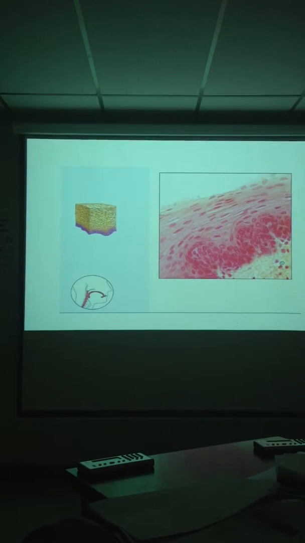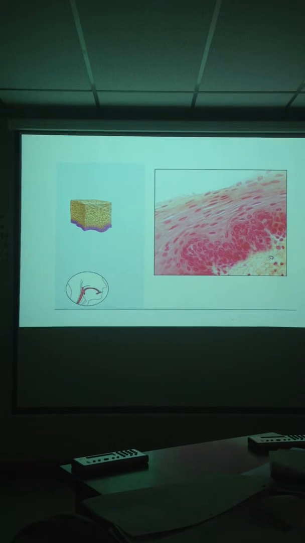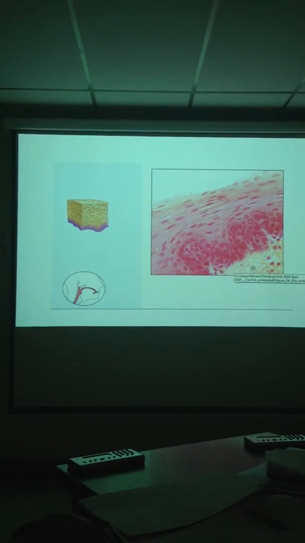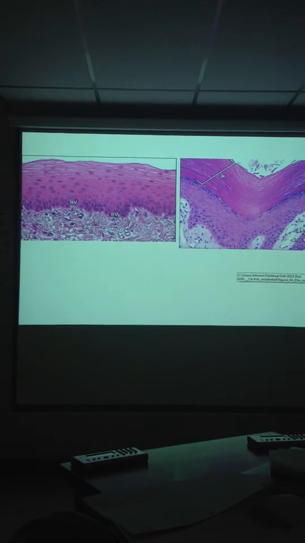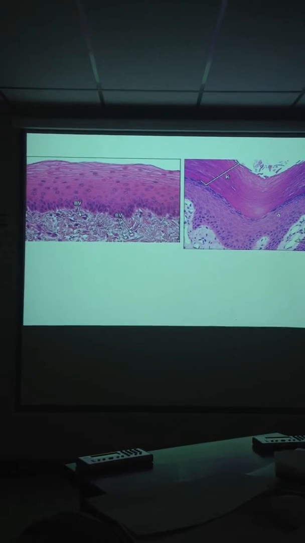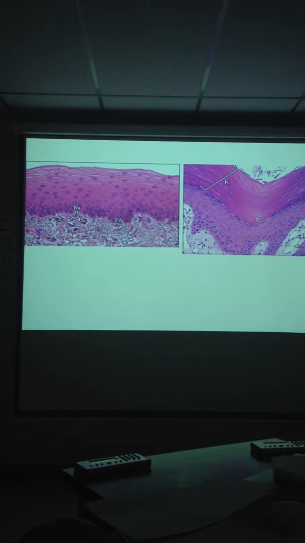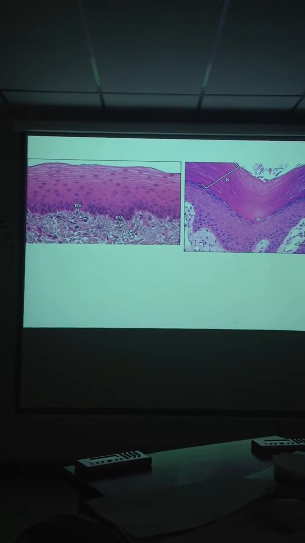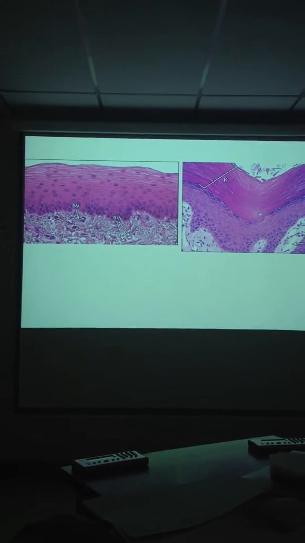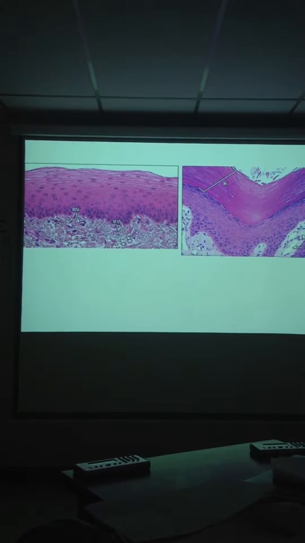Type of tissue here? Areolar connective tissue. Up here? Thick skin. The whole thing, but what's this up here? Stratum corneum. And here?